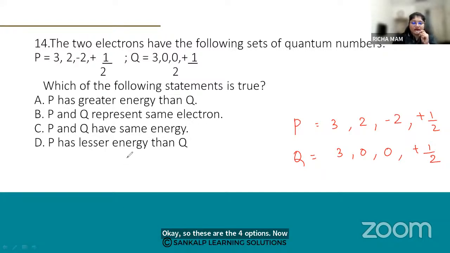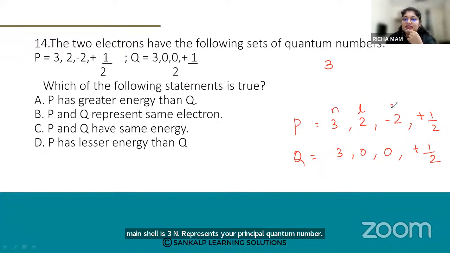Now, from this P and Q, P has n equals 3, so the main shell is 3. n represents the principal quantum number. This is n, this is L, this is the magnetic quantum number, this is spin.